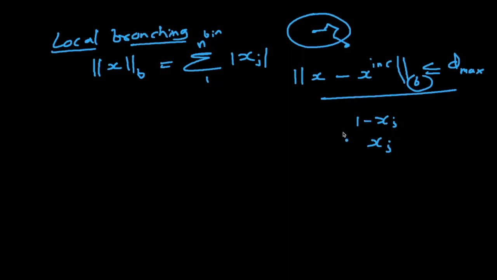And just add all those variables, over those j where the incumbent xj is equal to 1 and those where it is equal to 0. So this is very easy. Just add all those terms, and then you have a simple linear constraint.